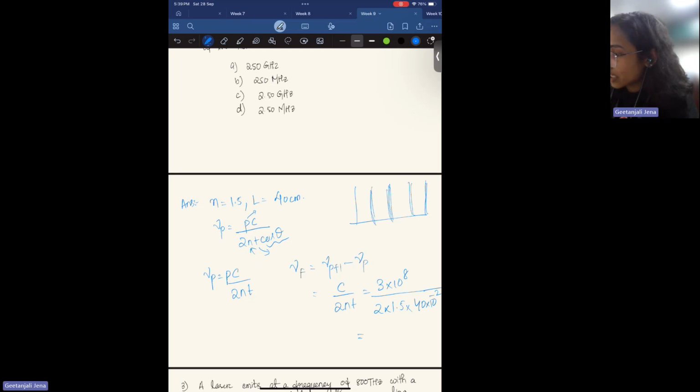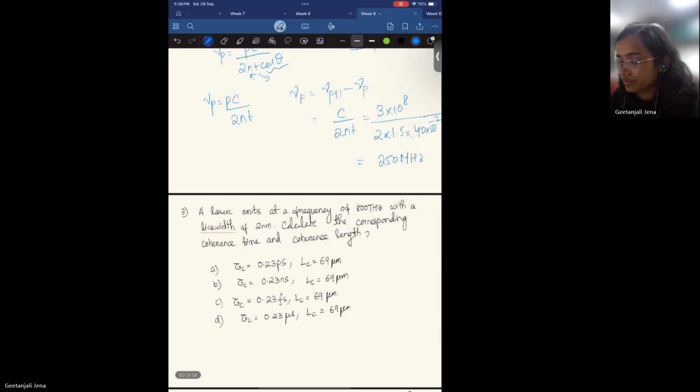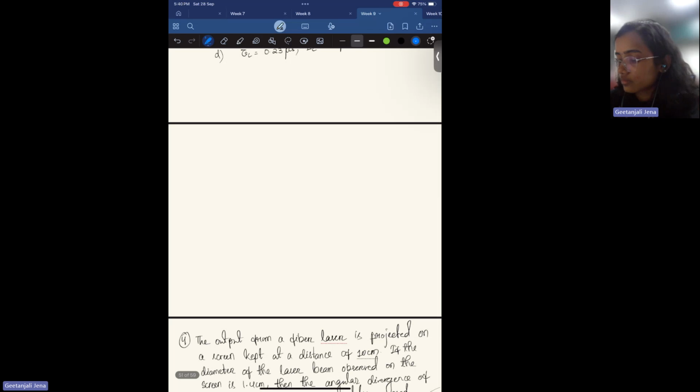So the answer we will get is around 250 megahertz. So the free spectral range for this Fabry-Pérot resonator is around 250 megahertz. So option D. Now let us move to the next problem.